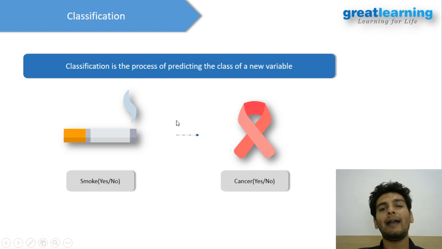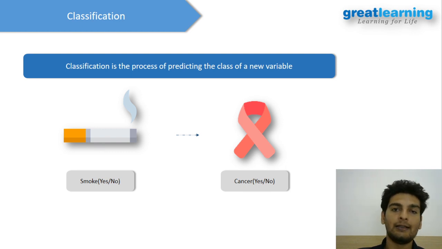Over here, I have a data set of all of those people who smoke, and I want to know if there's any sort of relationship between people who smoke and is there a chance of them getting cancer, right? So this is my dependent variable where I have two labels, yes or no. Yes, the person has cancer, or no, the person does not have cancer. And the independent variable is yes, the person smokes, or no, the person does not smoke.